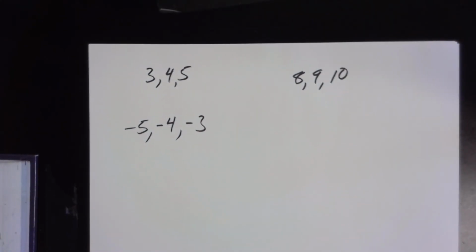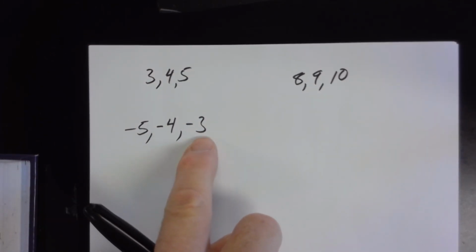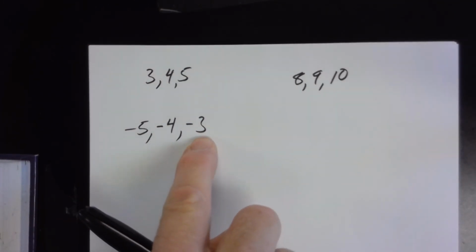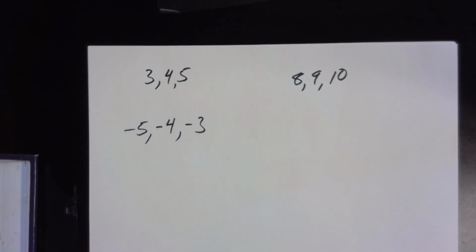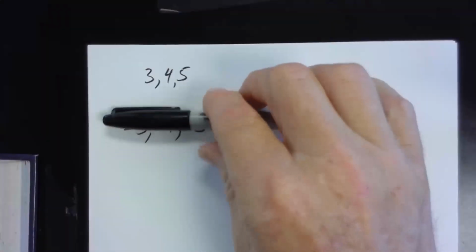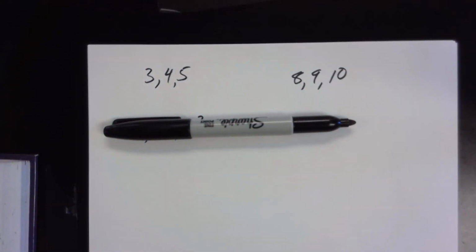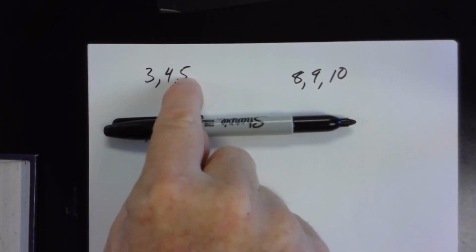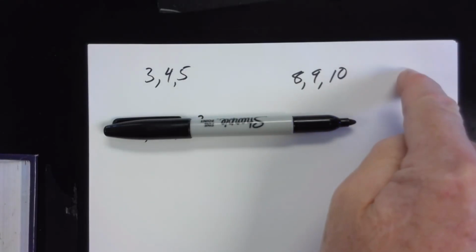No, it's not. If these are three consecutive integers and we add them together, is the sum greater than any of the three previous? So I looked at some consecutive integers and I made a conjecture, right? I make this conjecture: the sum is always greater than any one of the individual ones I started with, right?